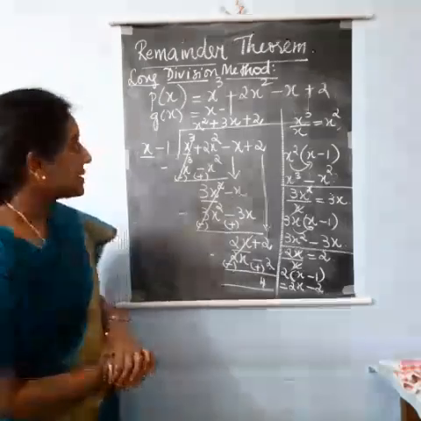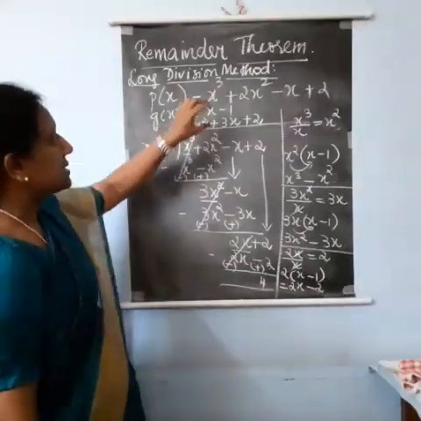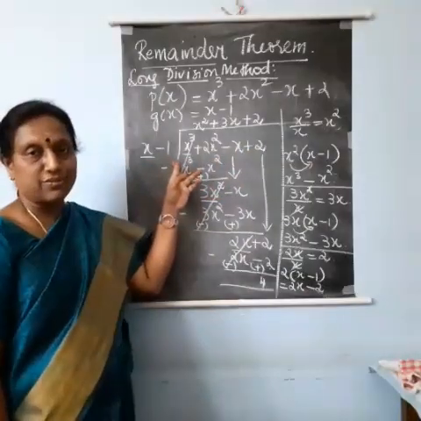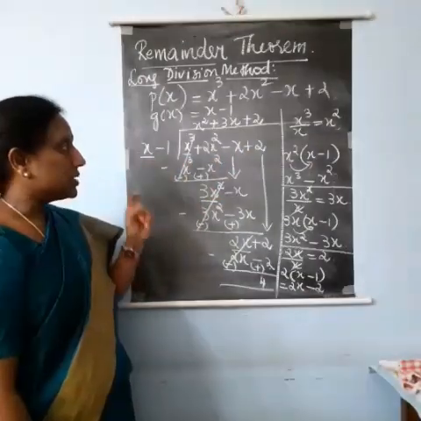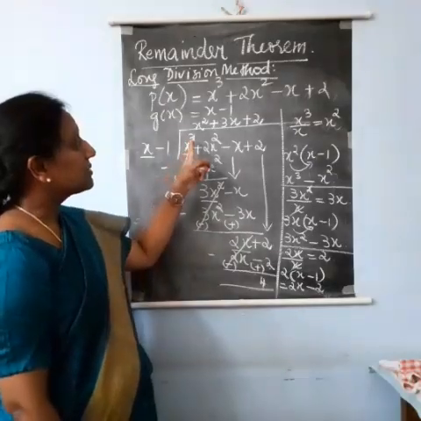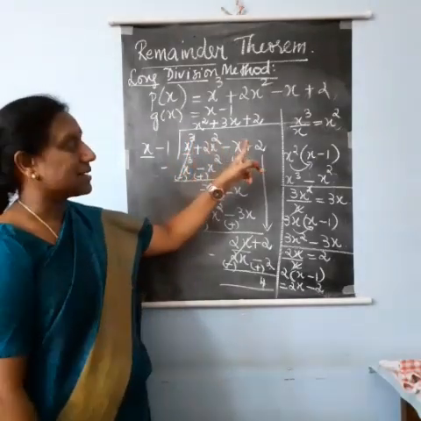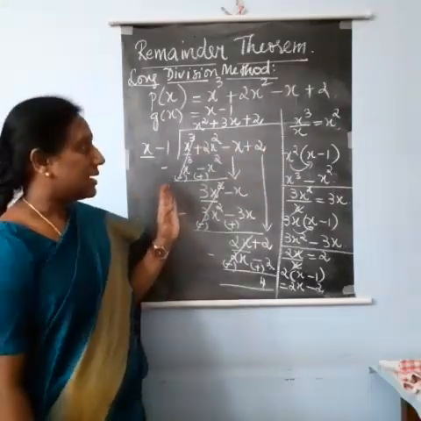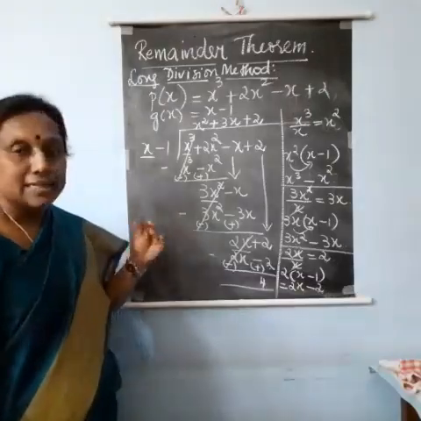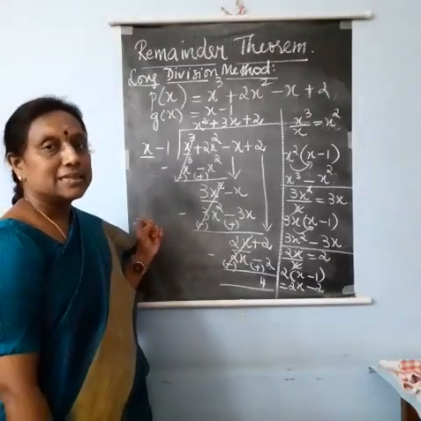Okay? Right. Now a recap of this will be, say the polynomial p of x is divided by the polynomial g of x. The first thing we have to check in this long division method is whether the powers of x are in descending order, in both polynomials. Then you go ahead for the division.